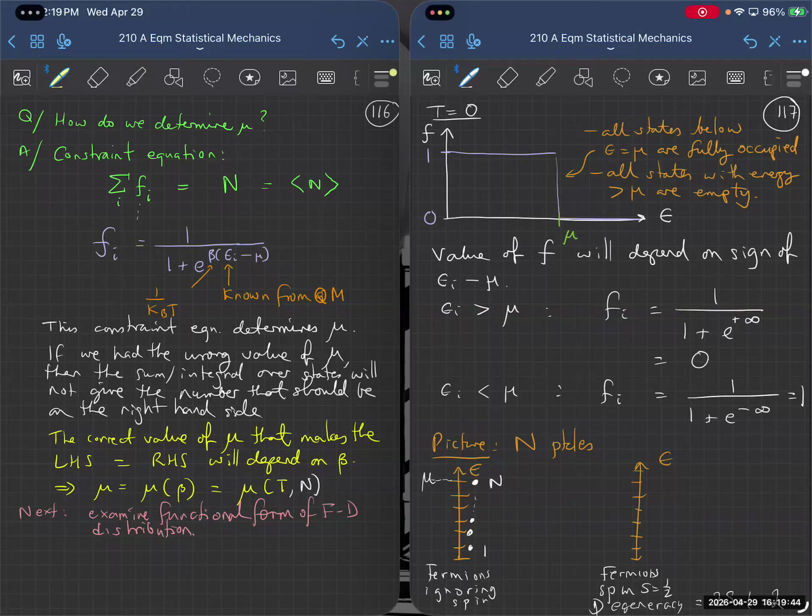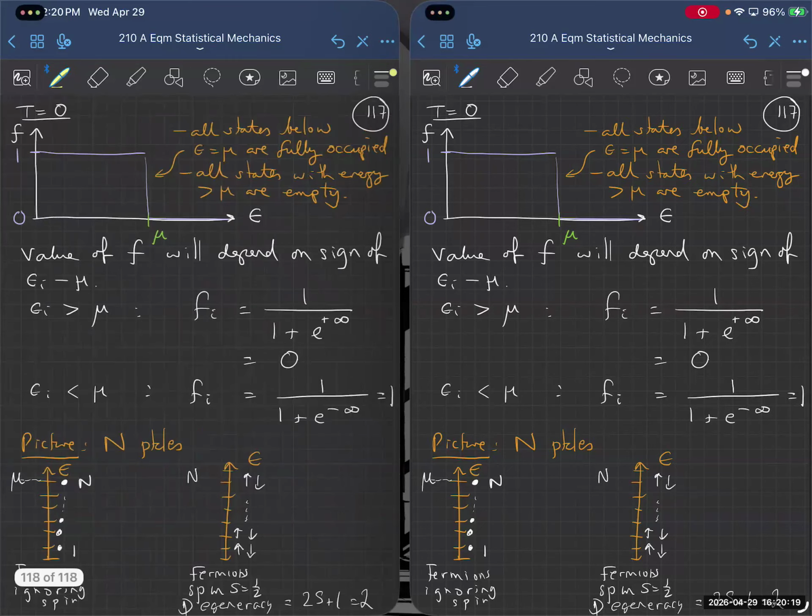So that means I can get two particles in any energy level. Particle 1 comes in, say, with spin up, particle 2 comes in with spin down, and so on and so forth. I keep going until I've got N particles in those states, with two particles per energy level. So that is the picture that we have.